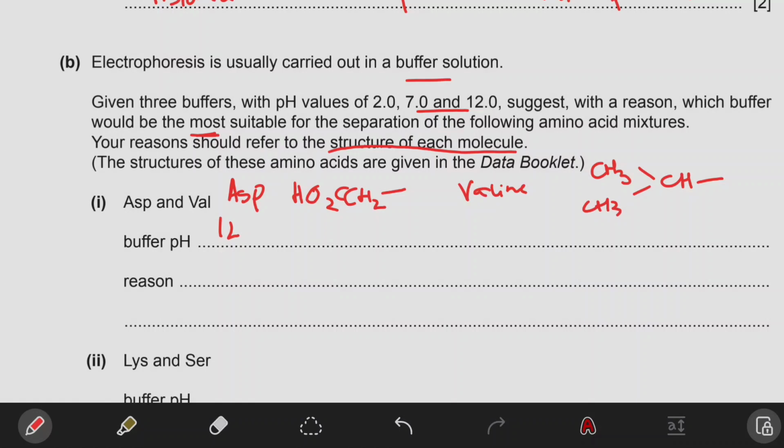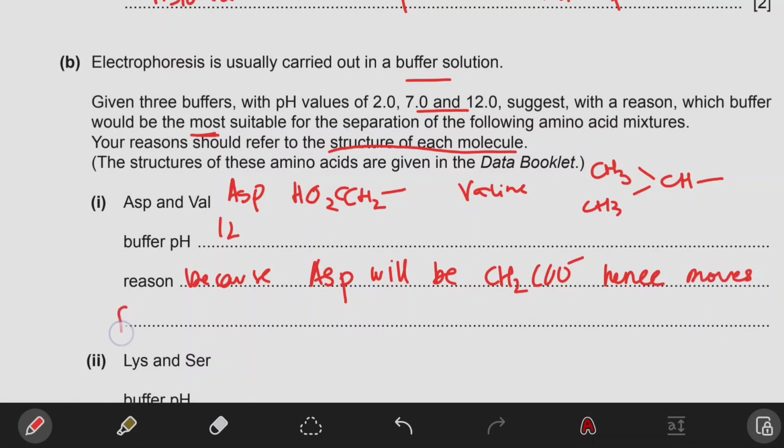So yeah, that's why the pH would be 12, and you have to give the reason because the side chain will be CH2COO minus, hence moves further to the positive electrode. Remember, you need to separate these, so the further apart they are from each other, the better. Positive electrode, then valine.